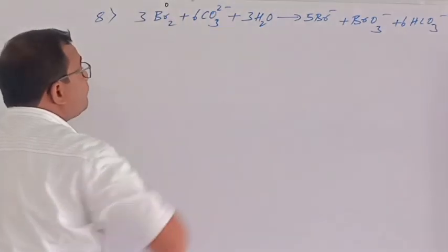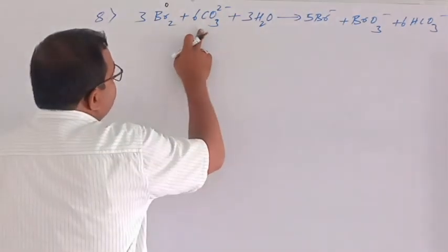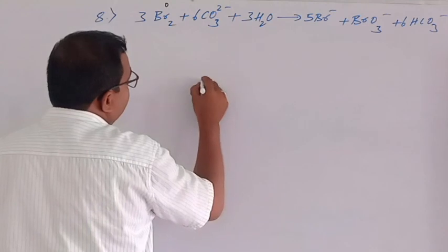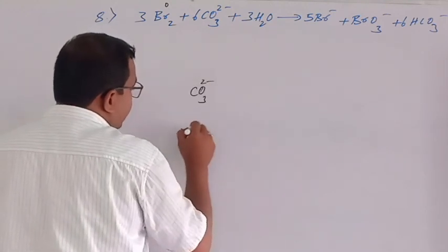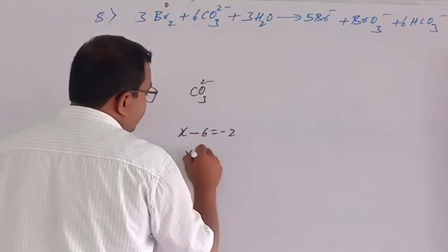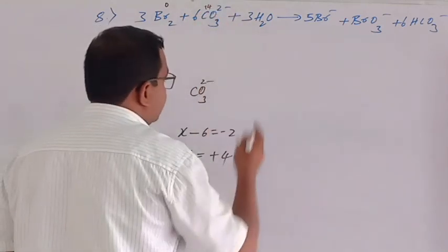The charge of bromine is 0 because it is free. In carbonate, CO3 2-, let the charge of carbon be x: x minus 6 is equal to minus 2, so x is equal to plus 4. The charge of carbon is plus 4.